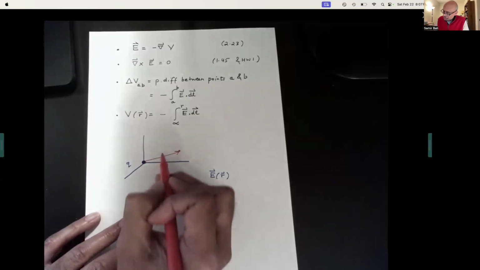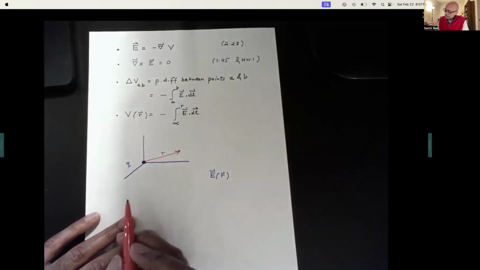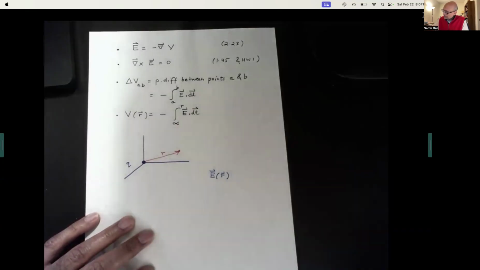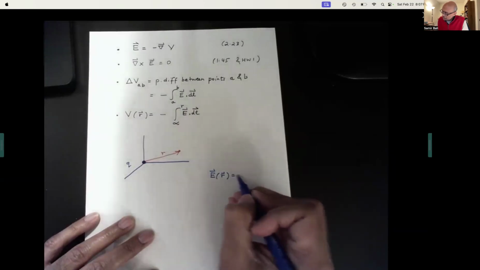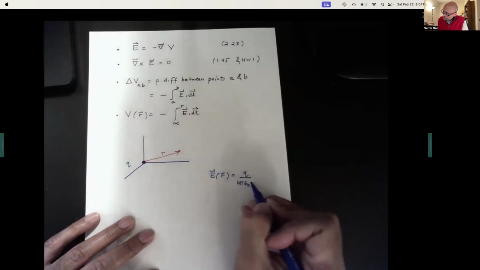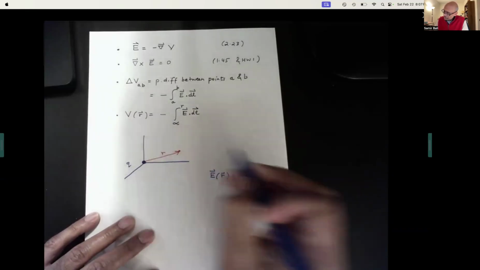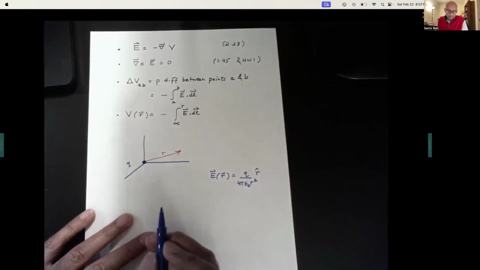So this would be vector R. And the electric field at this position we know is just Q divided by 4 pi epsilon naught magnitude R squared, and it points in the unit vector R direction, right?